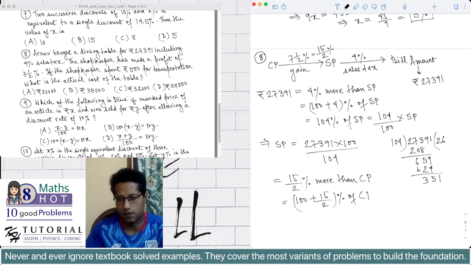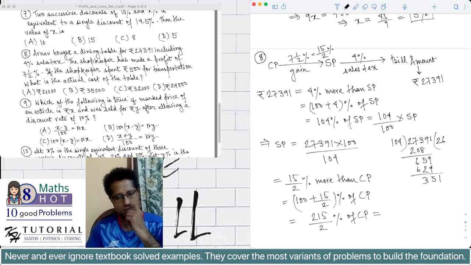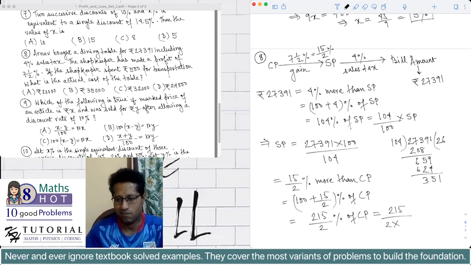So this is equal to 100 plus 15 by 2% of CP, which is equal to 215 by 2% of CP, which is equal to 215 divided by 2 multiplied by 100 multiplied by CP.